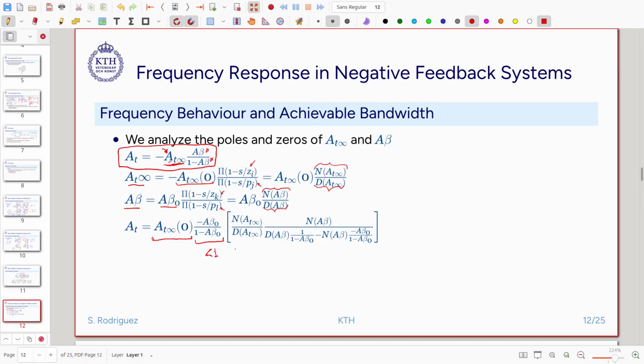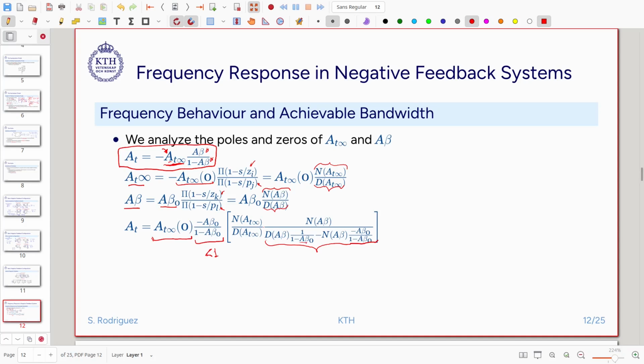And then we have the frequency dependent part, that is the poles and the zeros, and we will have the numerator of the asymptotic gain coming directly here, the denominator of the asymptotic gain, and then there will be a product of something very interesting here. We have the numerator of the loop gain divided by this part here. So this part is the denominator of the loop gain that appears divided by the loop gain here.